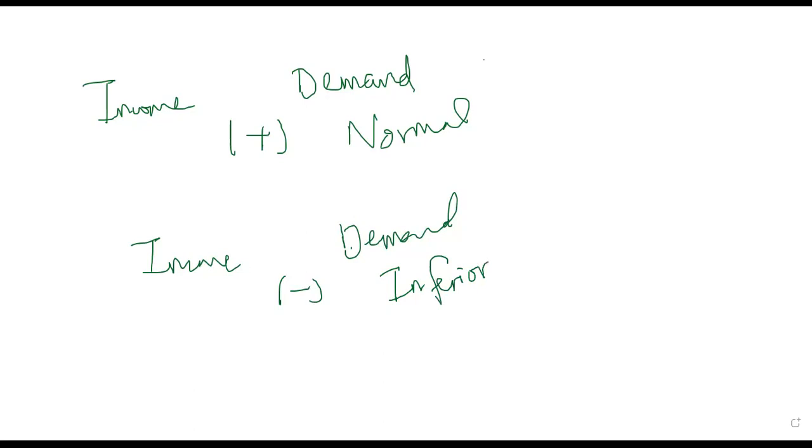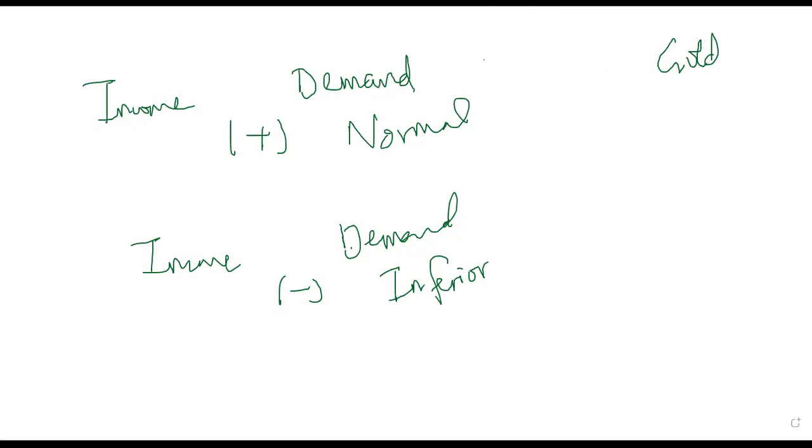Now, normal goods are most of the products that we normally use in our life. For those products, if the income increases, demand will increase. If the income decreases, demand will decrease. For example, think about a luxury good, say gold. Your income is lower, therefore you are not demanding that much gold because your income is not enough.